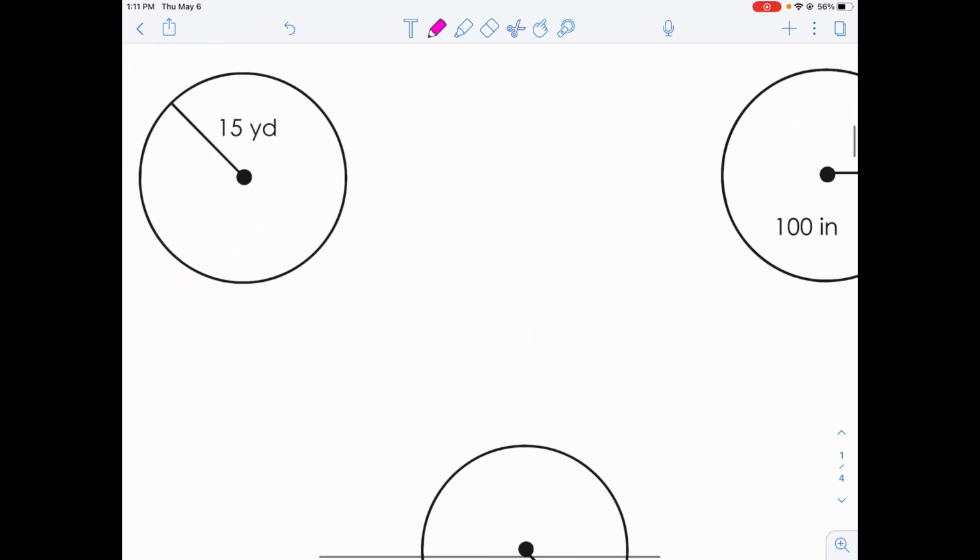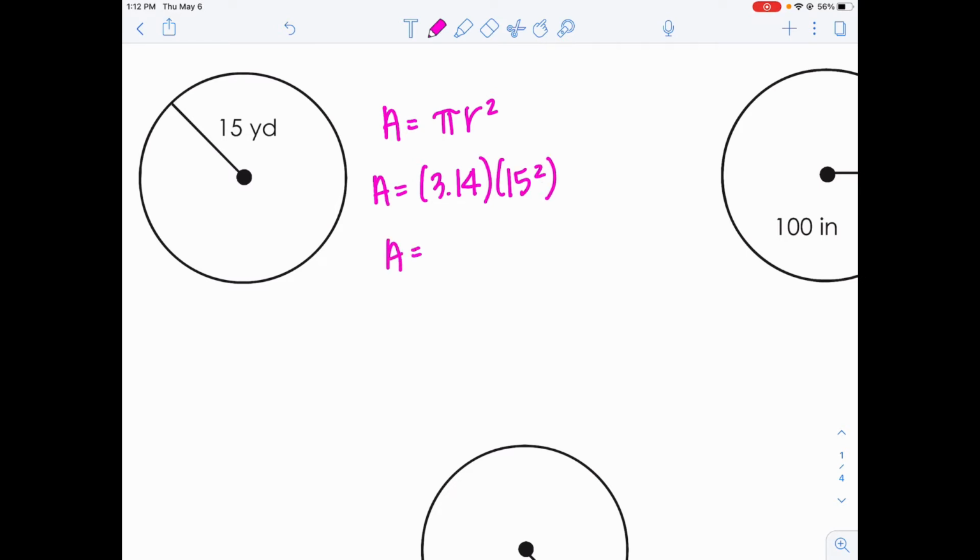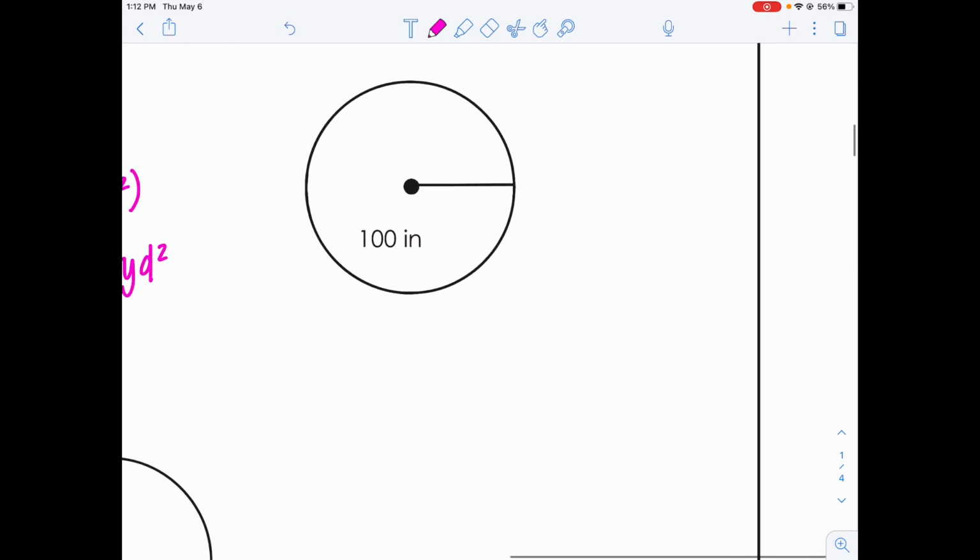All right, for our first one, they gave you the radius, so area is pi times the radius squared. Area equals 3.14 times 15 squared. When I put it into the calculator, 3.14 times 15 squared, the area should be 706 and 5/10 yards squared. For our second one, they did give us the radius, so area is pi times the radius squared.